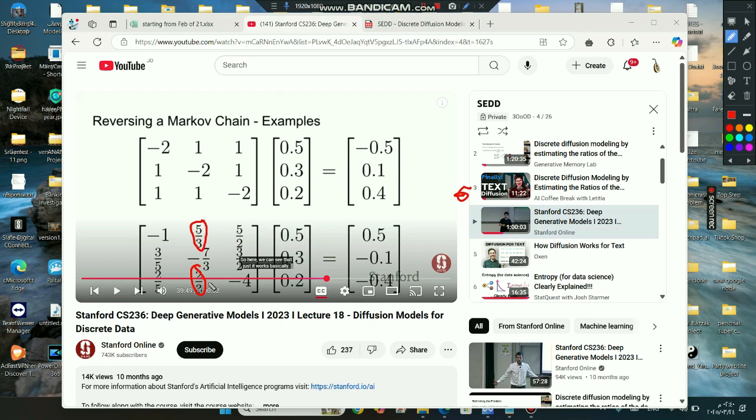So 5 over 3 plus 2 over 3 equals 7 over 3 with the minus sign. In order to find this element, we will sum this and this and add a minus sign: 3 over 5 plus 2 over 5 will equal 1 with a minus sign. And a similar calculation to find this element.